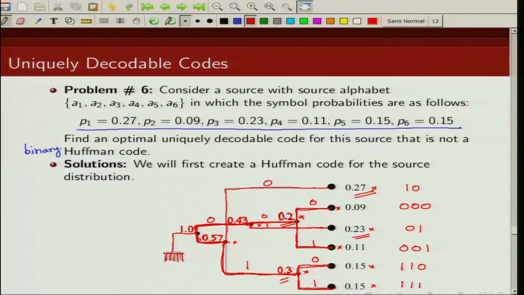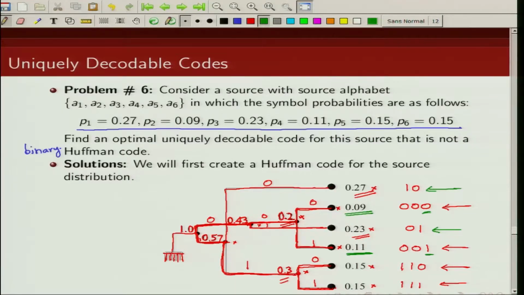So if you notice, in the optimal Huffman coding for this source with these source probabilities, I have 4 code words of length 4 and I have 2 code words of length 2. And remember, the 2 least likely symbols, which are probability 0.09 and 0.11, they are differing only in 1 bit location.